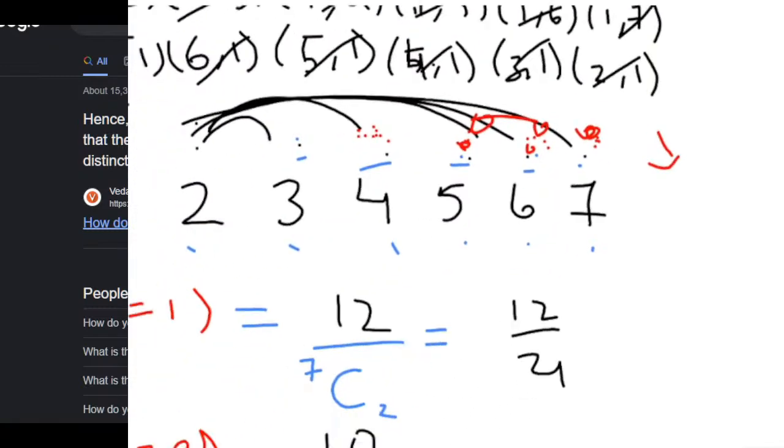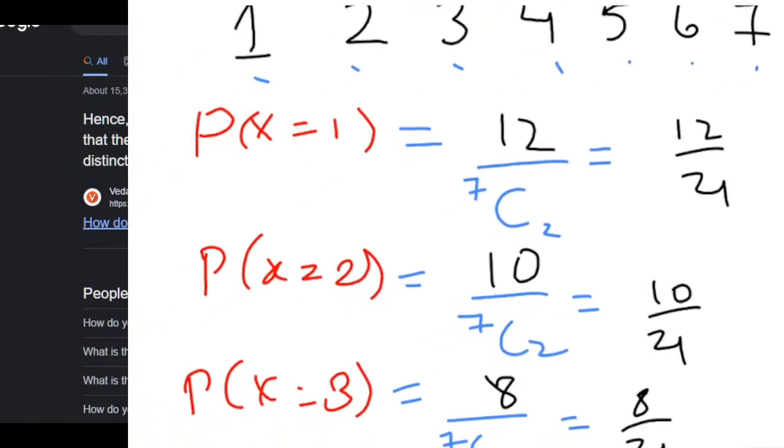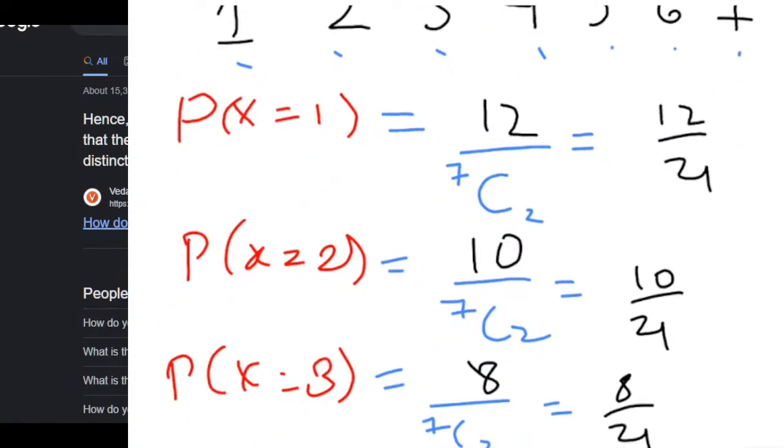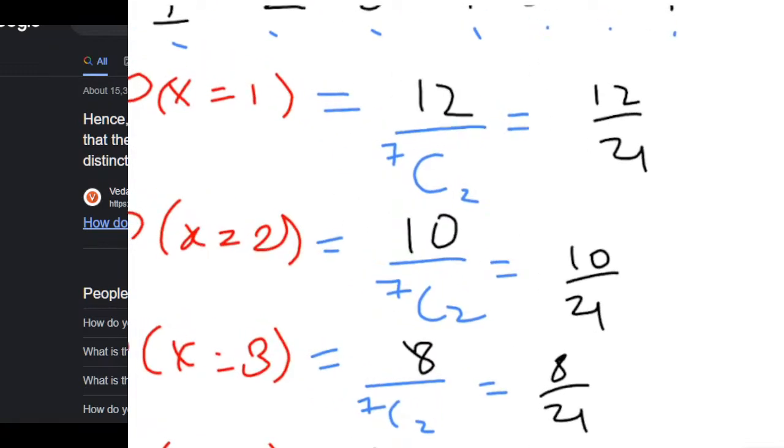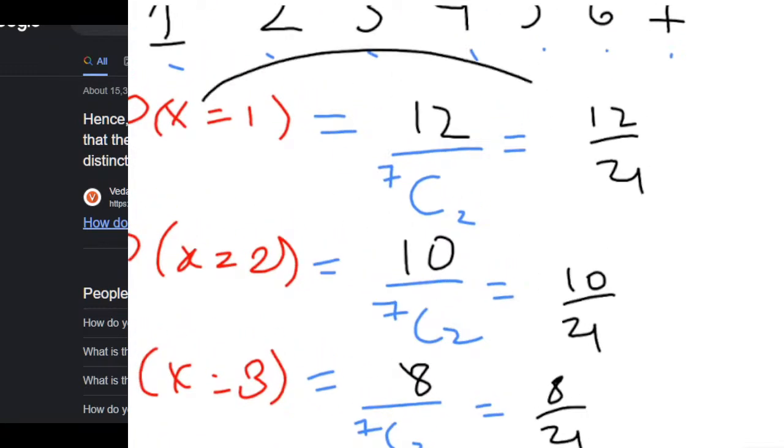Okay, then what I've asked is the mean, right? So I'll just directly multiply x over here.